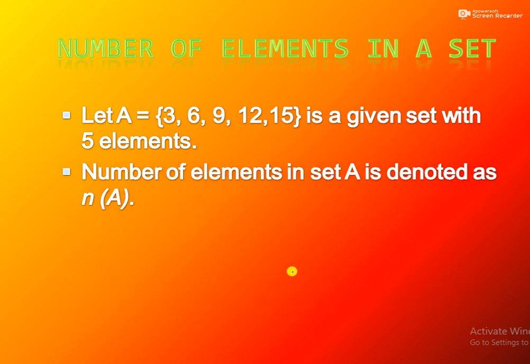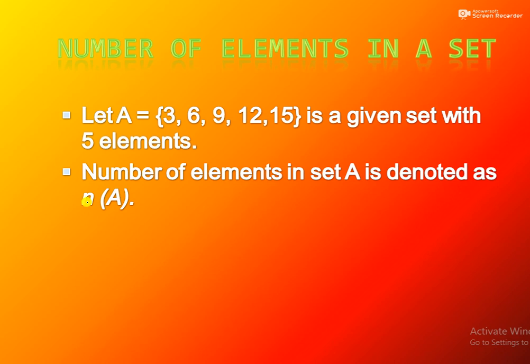So number of elements of set A is denoted by n(A). Remember one thing: in mathematics, a bracket is read as "of". N denotes number, the bracket is for "of", and A is for the set.